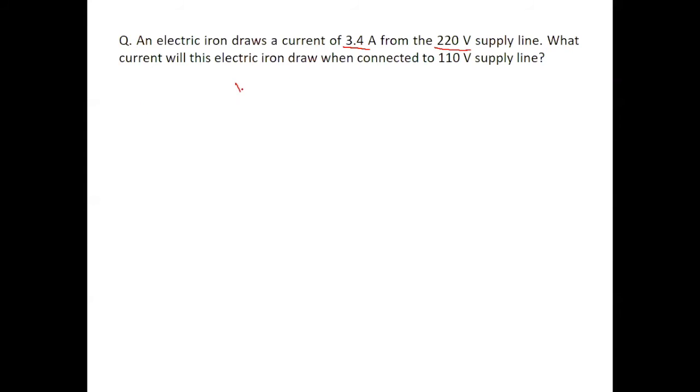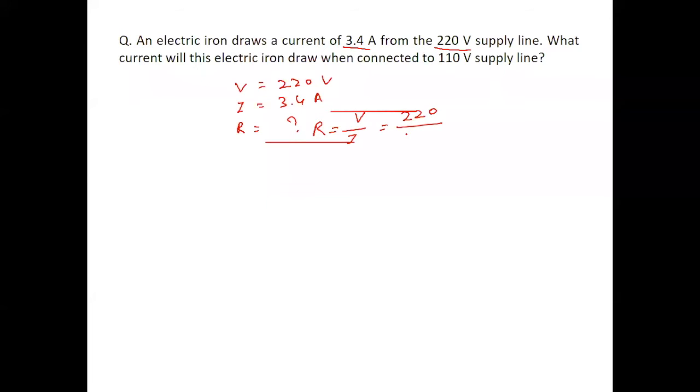So we calculate the resistance of the electric iron. We know the voltage is 220 volt and current is 3.4 ampere. So resistance we have to calculate: R equals V by I. V is 220 and I is 3.4.